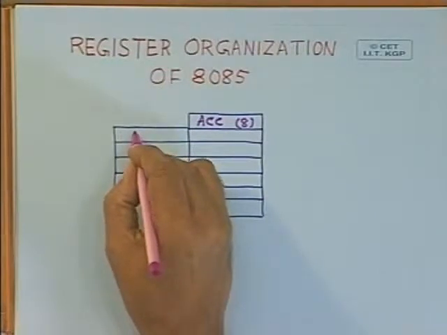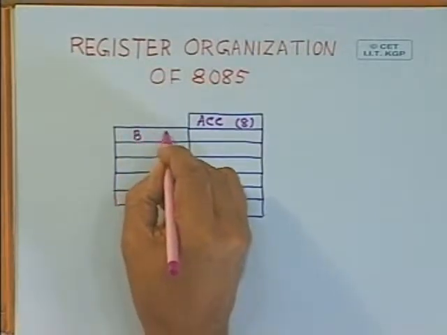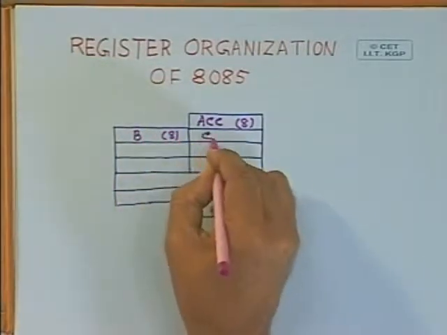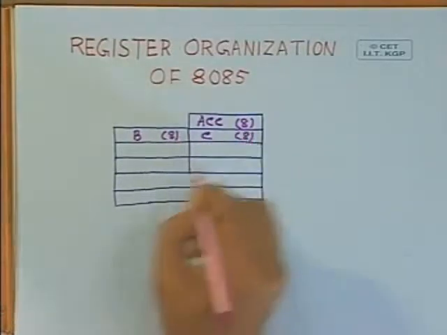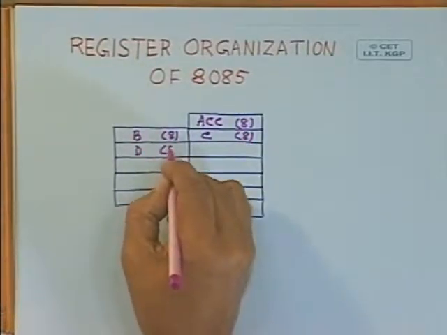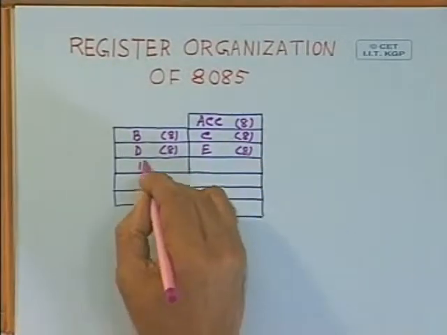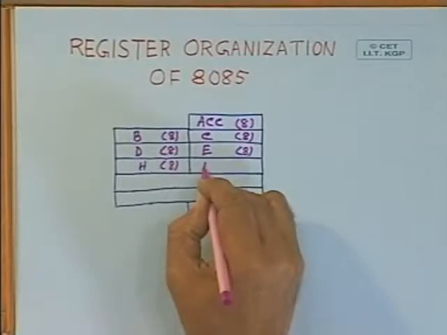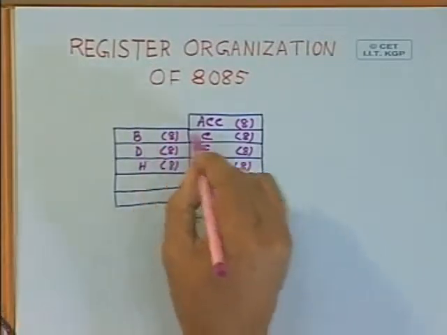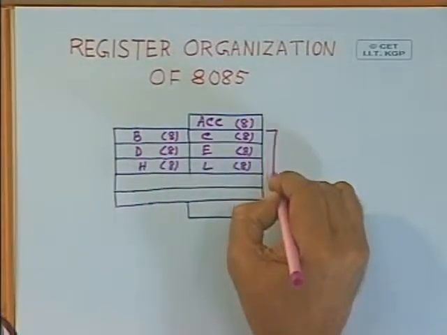Then you have got several general purpose registers B, C, D, E, H, L. These are all general purpose registers.